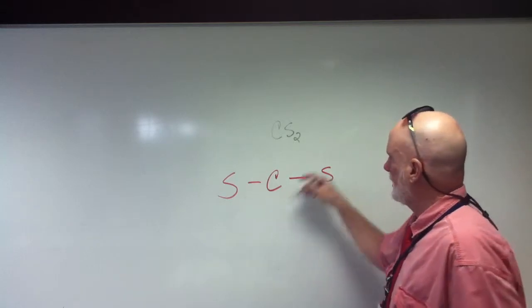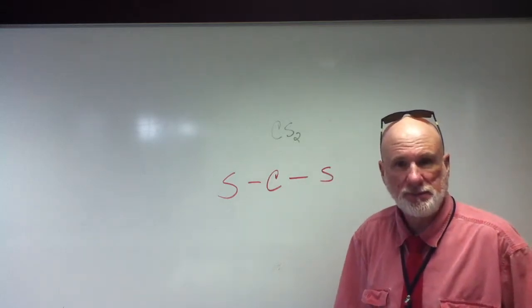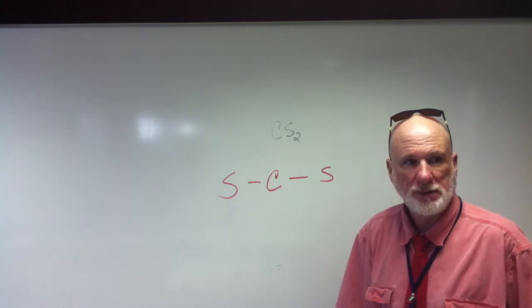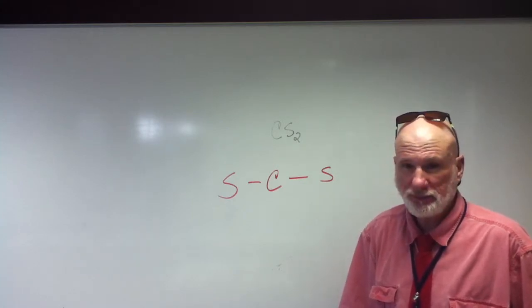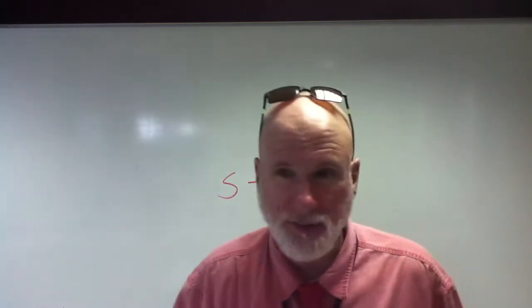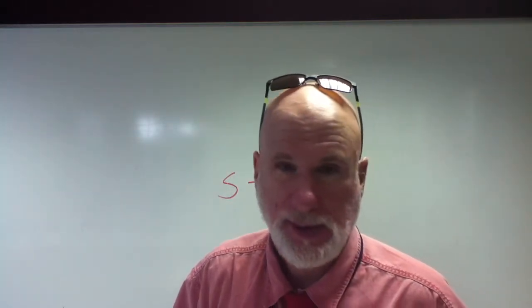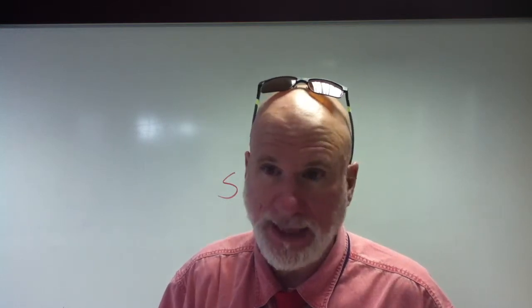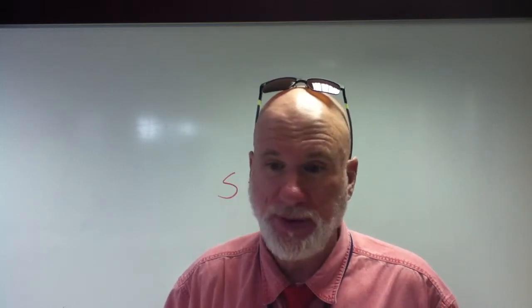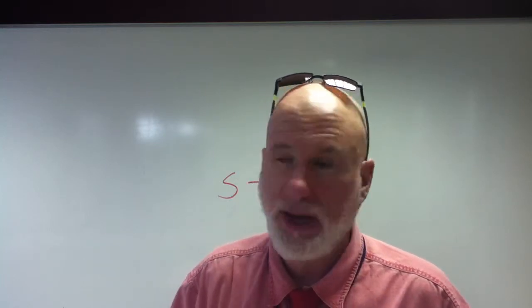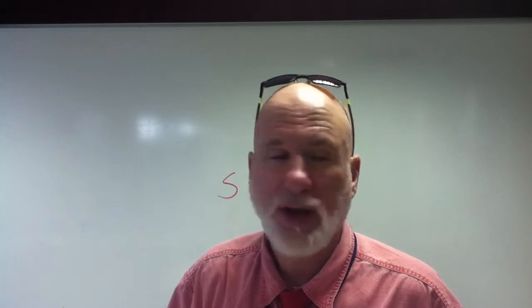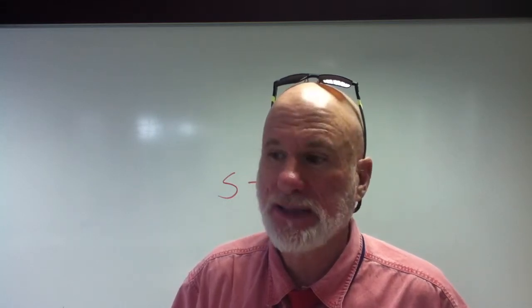So you write down the valences. What's the valence of sulfur? How many electrons does sulfur have in the valence state? Carbon, how many electrons in the valence state? Periodic table might help you.